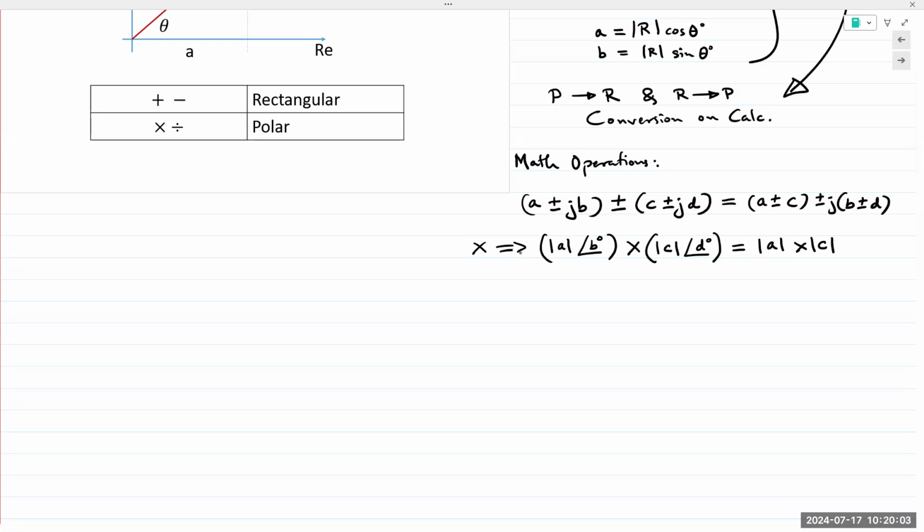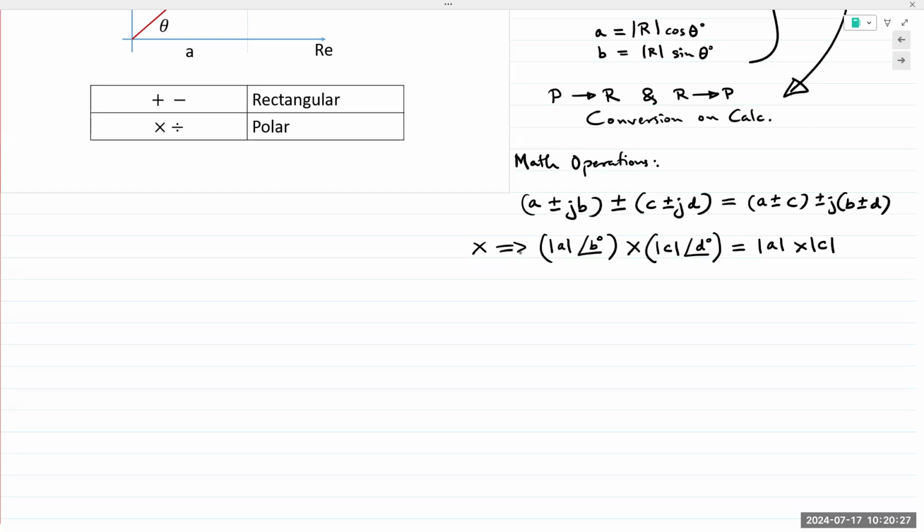And if you think about the graphical illustration, it's a right angle triangle, right? So if you take two individual vectors and you're trying to multiply them, multiplication itself is a shortcut for addition, right? 2 times 2 means you're adding 2 twice. 2 times 3 means you're adding 2 3 times. So magnitudes of these vectors get multiplied.